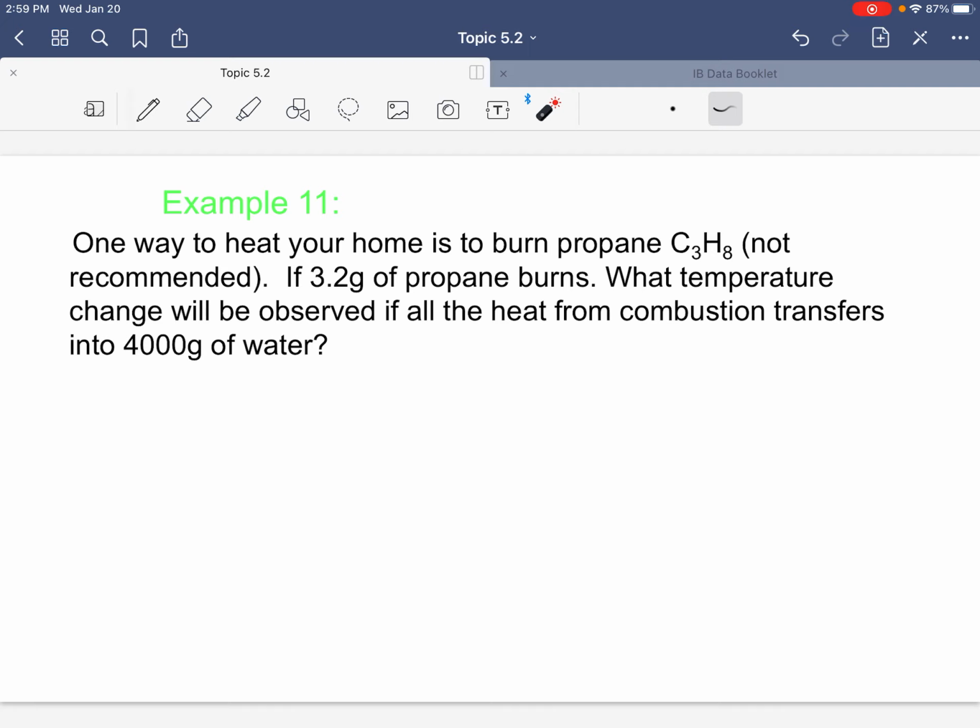In this question, you're looking for delta T. Remember MC delta T? You're looking for delta T for what's happening right here. This question is everything that we've learned from the beginning when we started thermodynamics. So see if you can do that.